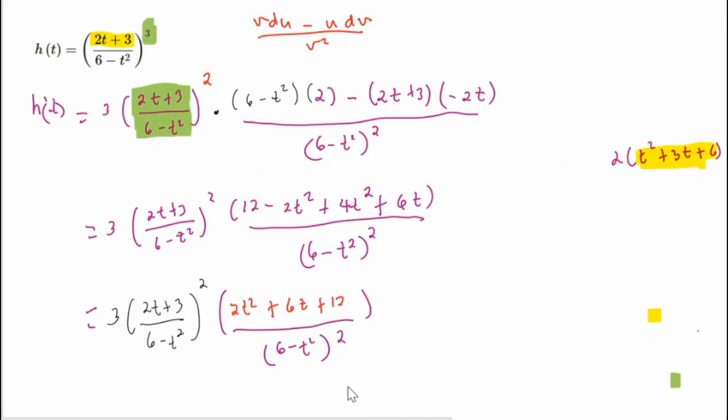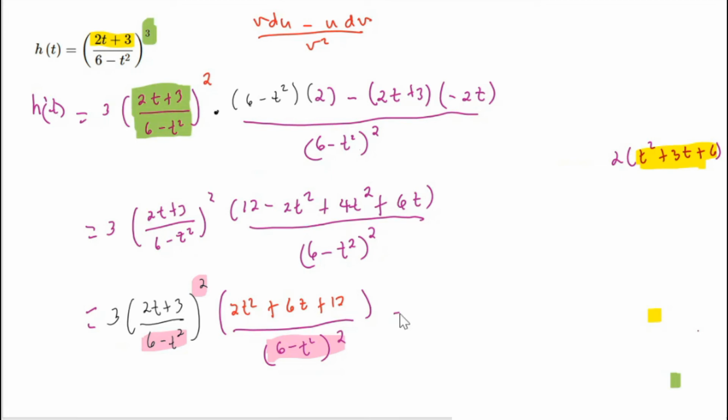Maybe what I can do here now, since the denominator has the same binomial, which is 6 - t², is combine the denominator since they are the same. Take note the quantity of 6 - t² is raised to the power of 2. We also have here 6 - t², the quantity of that is raised to the power of 2. So therefore, the total exponent of the quantity of 6 - t² will be the power of 4.